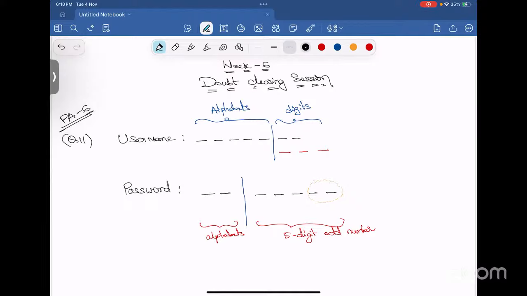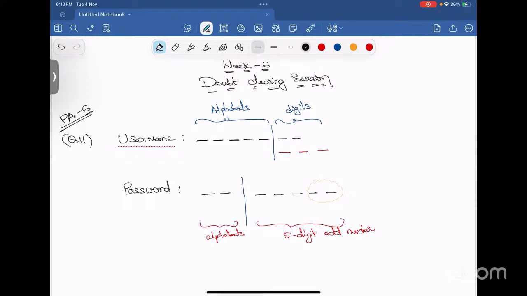So the first thing is you have to create the username. For creating the username, we will see how many ways he can create it. Then we can come to the password, right? Because the password is dependent on the username.